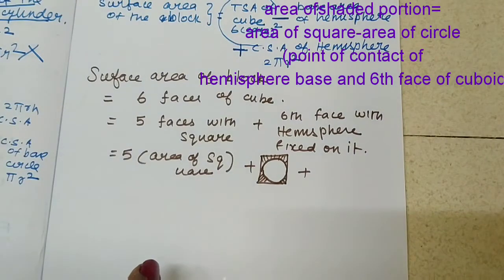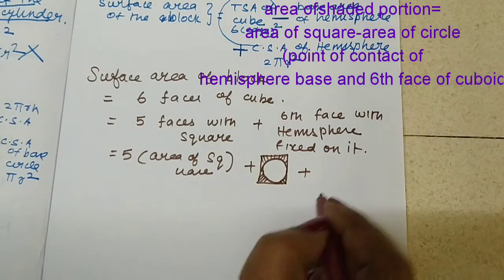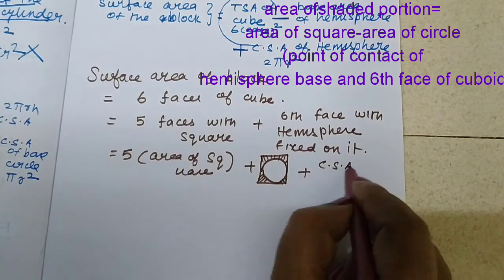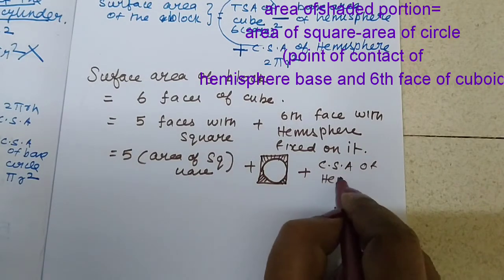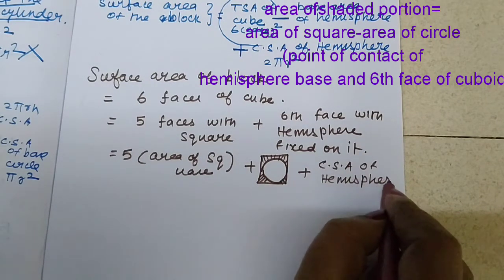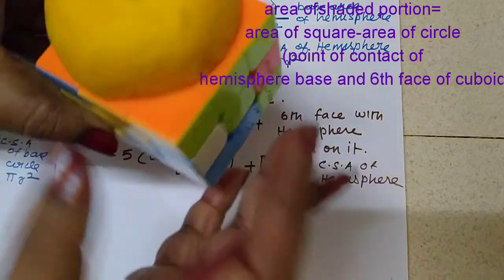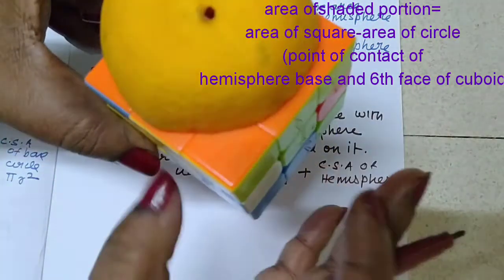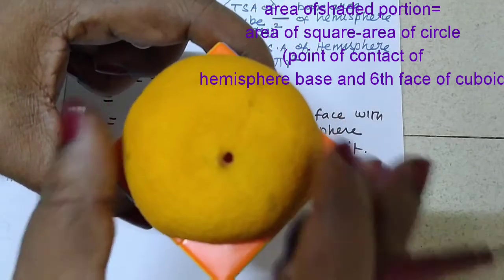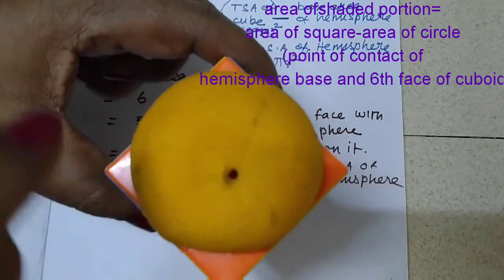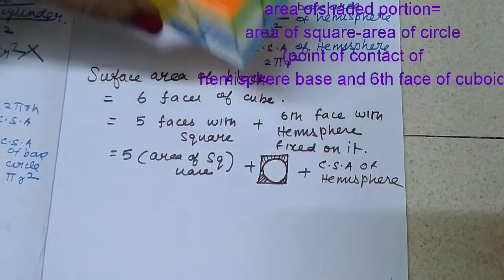We have to calculate the area of the hemisphere separately. So curved surface area of the hemisphere. Area of the cube 5 faces plus this shaded portion plus this curved surface area of the hemisphere.